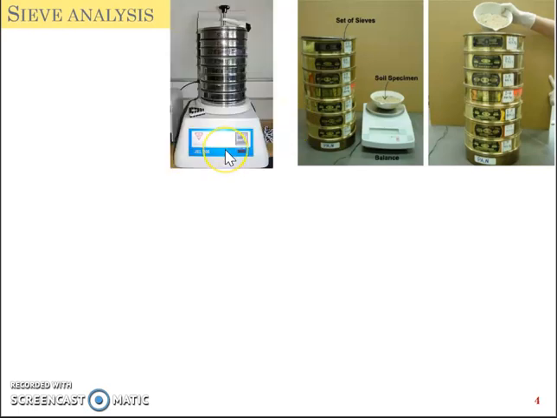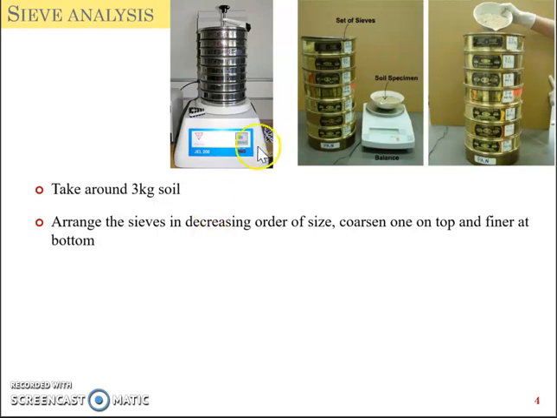You can use either a Sieve Shaker, which is a mechanical device which will help you to shake the sieves, or perhaps you can also use hand shaking methods. The procedure is quite simple. You take around 3 kilograms of soil, arrange the sieves in the decreasing order of their size, which means you'll have a coarser one on the top and then the finer one at the bottom.